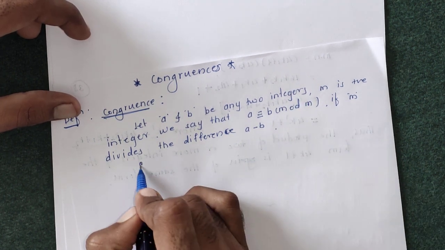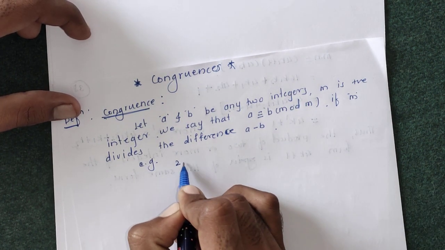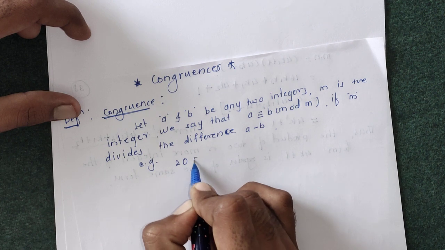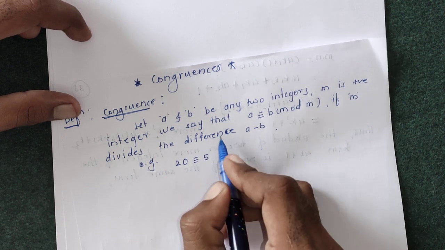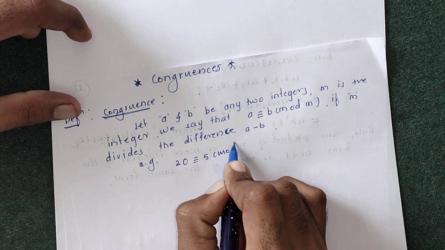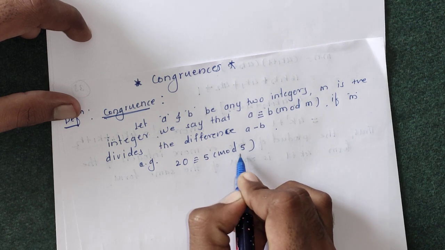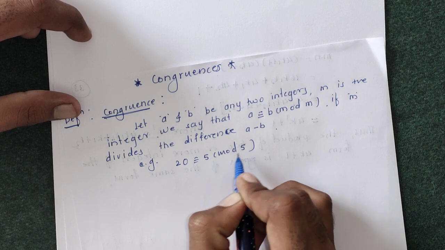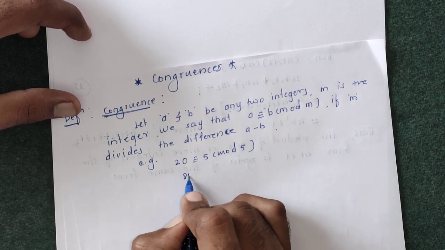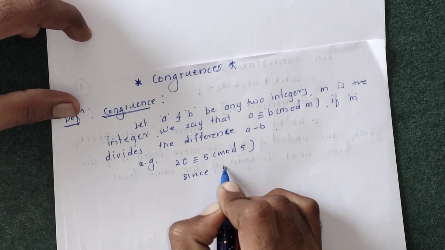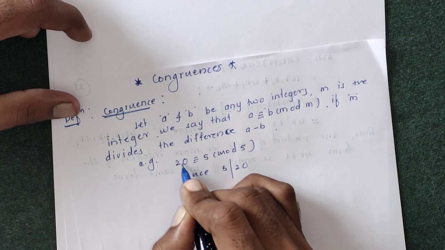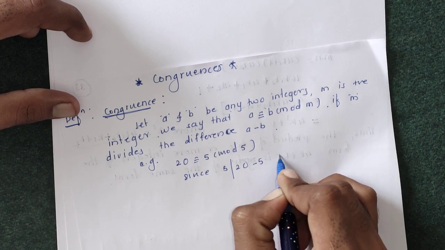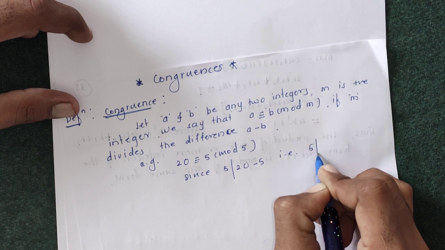For example, 20 is congruent to 5 modulo 15, since 15 divides 20 minus 5, that is, 15 divides 15.